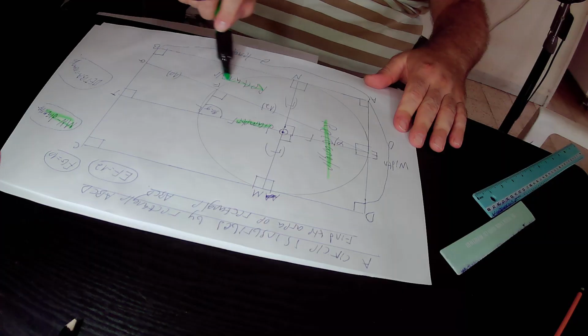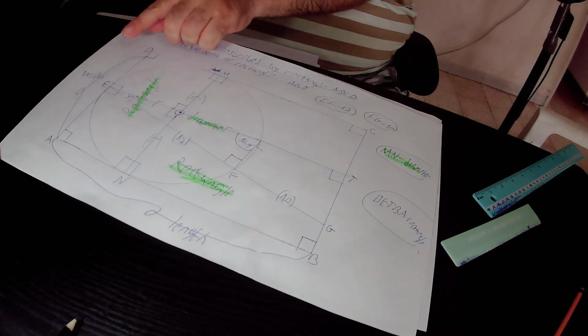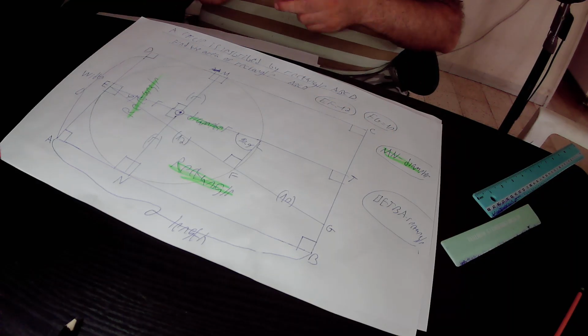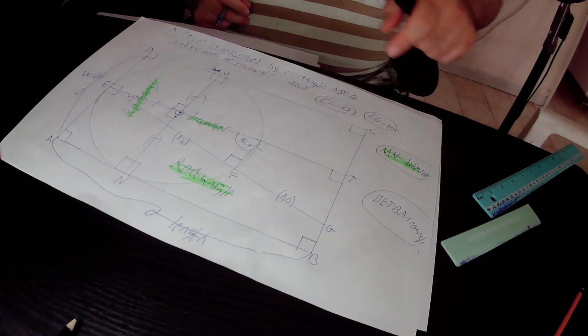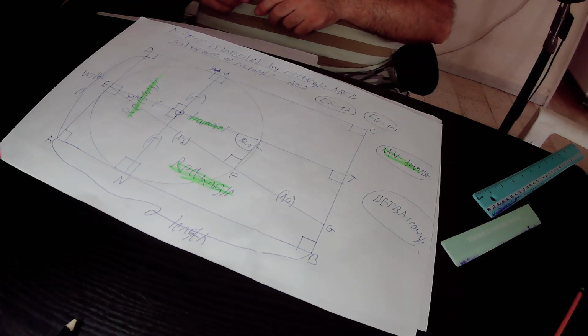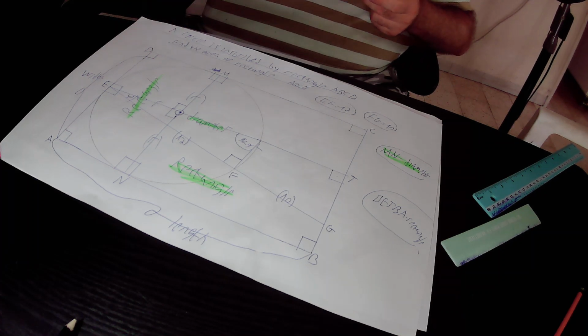But we also know that the opposite sides of a rectangle are equal to each other. So in the big rectangle ETBA, side ET must be equal to the opposite side AB.